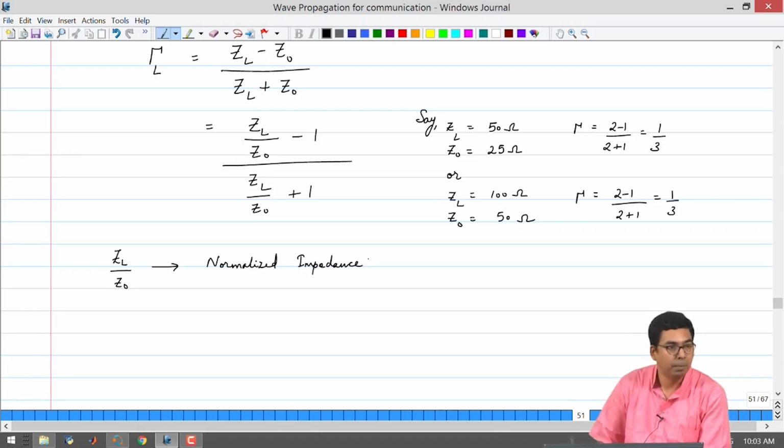We will begin with some simple cases to understand what this relationship actually means, and the simple case that we are going to be considering is that the transmission line is lossless.